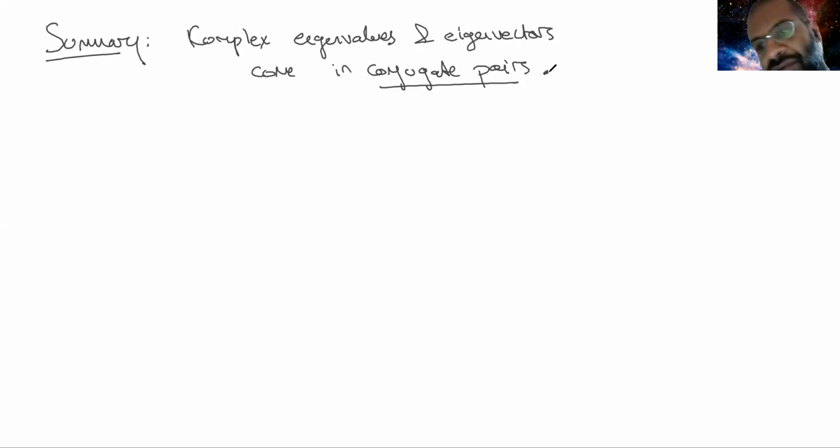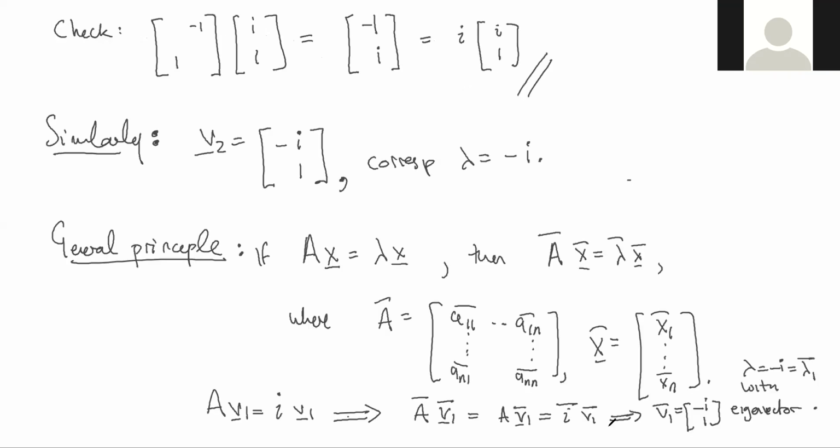Okay, so any questions about this? Yes. Why is the conjugate of A times V1 bar equal to A times V1 bar? Are you talking about this part? Yeah. Because A is real in this case. Okay, good.